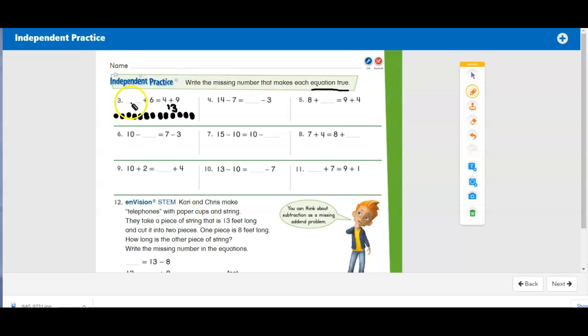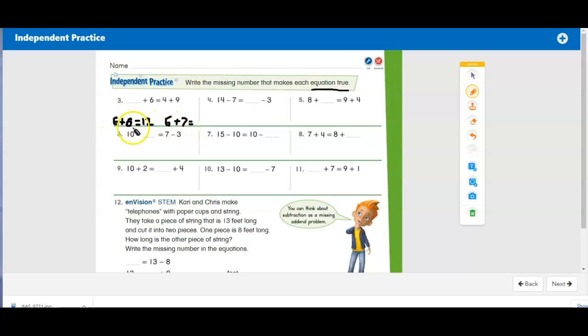We know that 6 plus 6 is equal to 12, and we need to get to 13. Well, that's just one more. So if 6 plus 6 is equal to 12, and I need to add one more, I could change the 6 to a 7, because 7 is one more. So by doing that, my answer goes up one more.